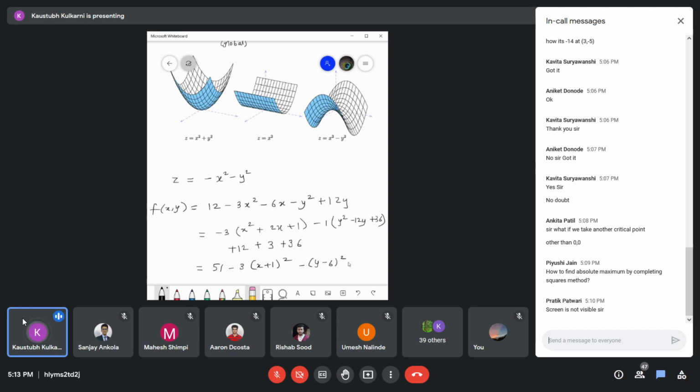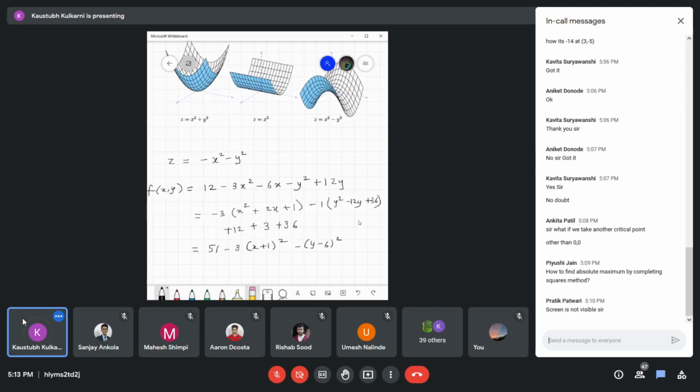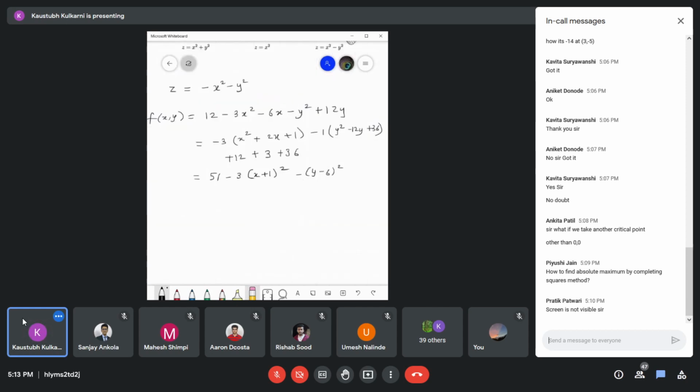In this case, f of x, y is of the form minus of x square plus y square.